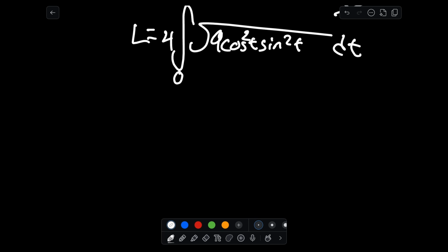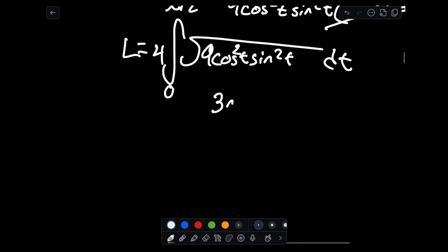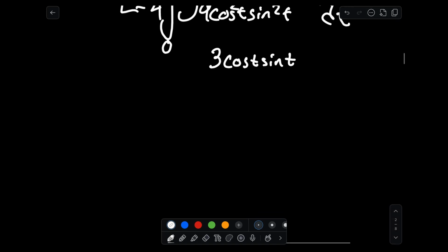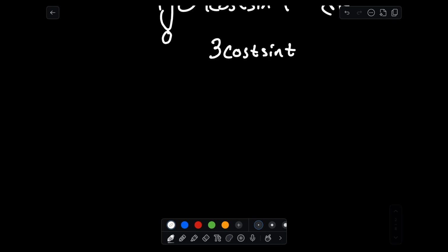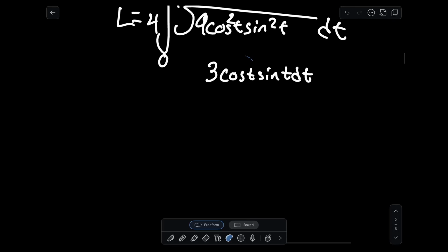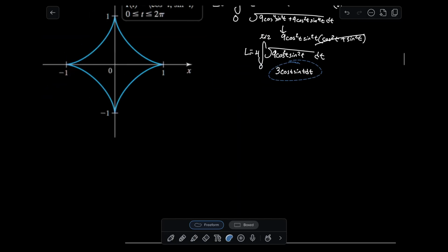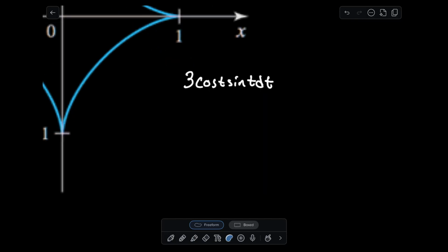But in this case, since we converted it to 0 to pi over 2, we don't actually have to worry about it, because it's always going to be a positive value for cosine t and sine t, right? Because remember our unit circle, so we can just say that's going to be 3 cosine t sine t dt. Let's bring this actually over to the other side right here.